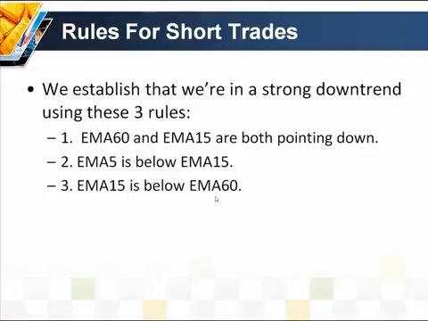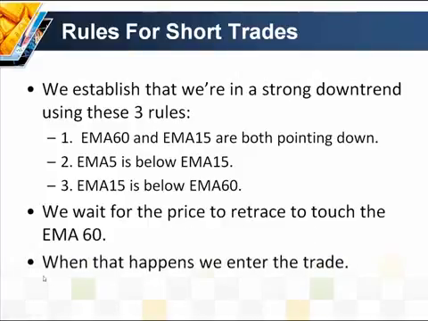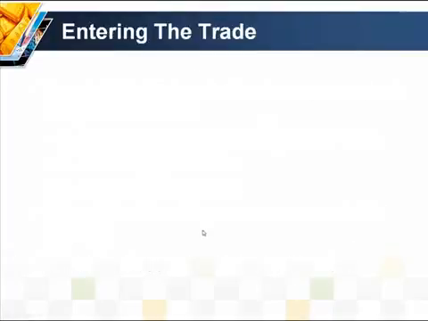And the EMA 15 is below the EMA 60. Once those three criteria are met, that's our establishment that we are in a downtrend. And then at that point, we wait for the price to retrace to touch the EMA 60. And when that happens, we enter the trade. I will show you this on the charts in a second, so if it's not clear yet, it will be.